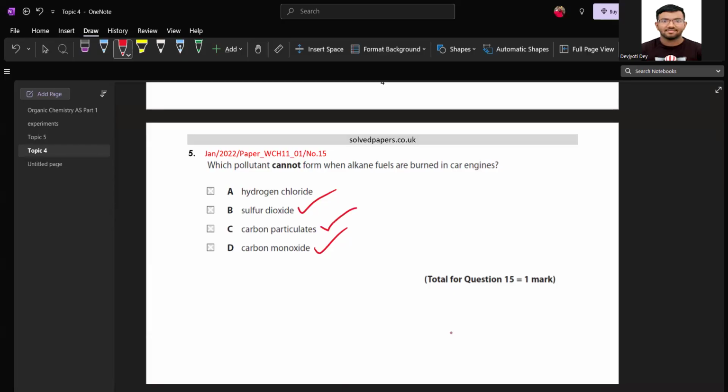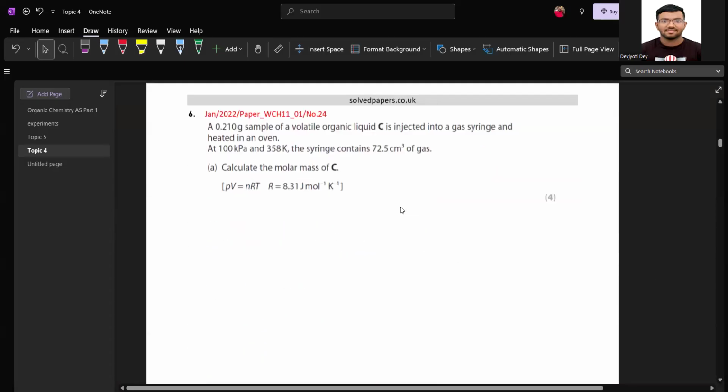The only thing that will not be produced is hydrogen chloride, because it's an acidic gas and it requires the presence of chlorine, but we don't have any chlorine in alkane fuels. We have sulfur and carbon, which is why sulfur dioxide and carbon monoxide are produced. So this is the answer.